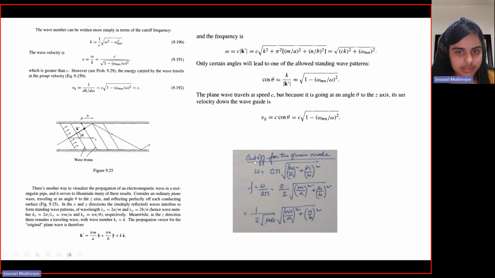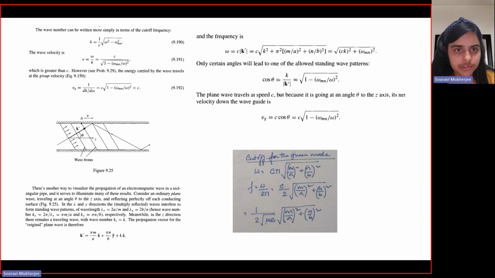So what do we understand from here? We understand that in a waveguide, because of the boundary conditions that need to be satisfied at the boundary of the enclosing surface, there are certain modes which can propagate, and there's a cutoff frequency below which things get attenuated, above which things get propagated.